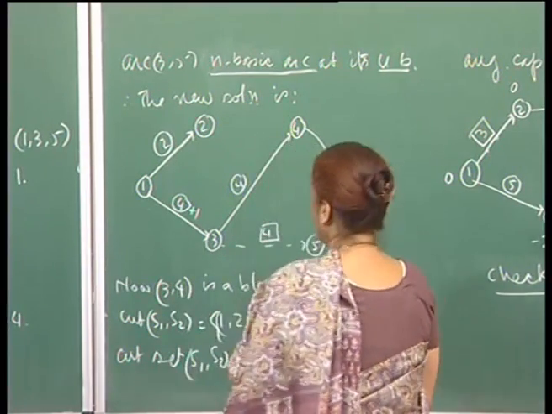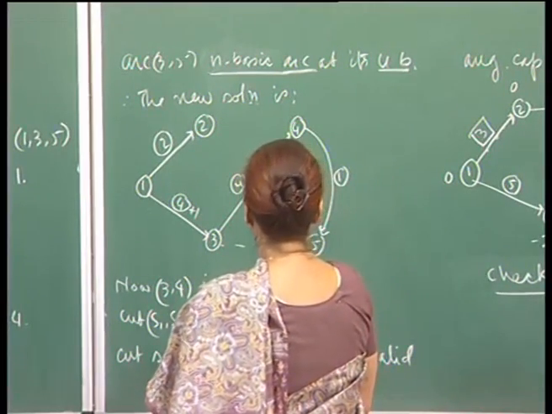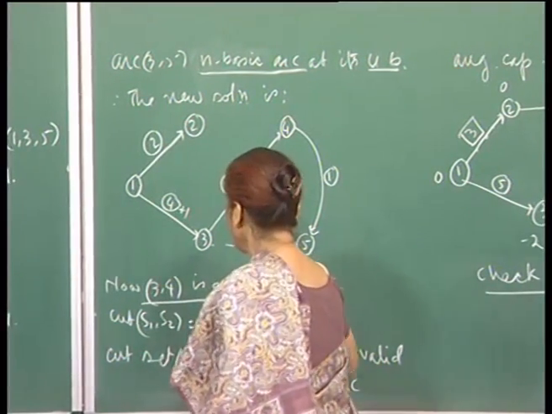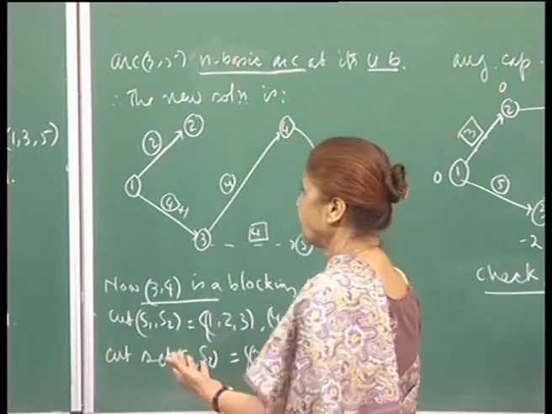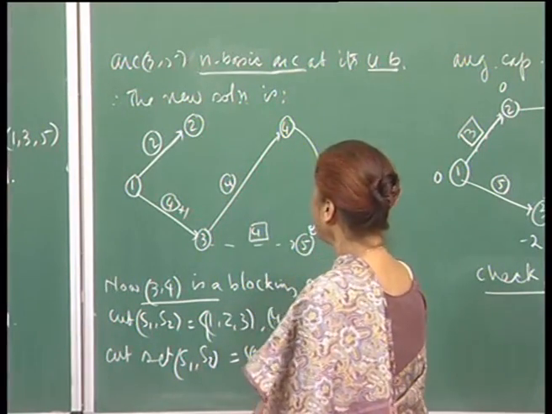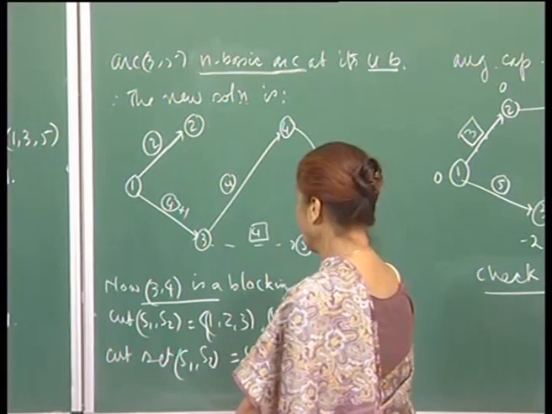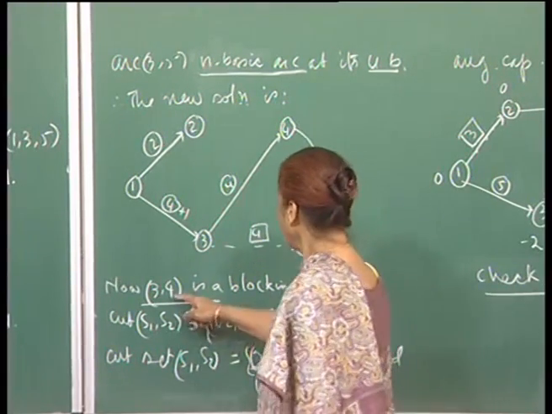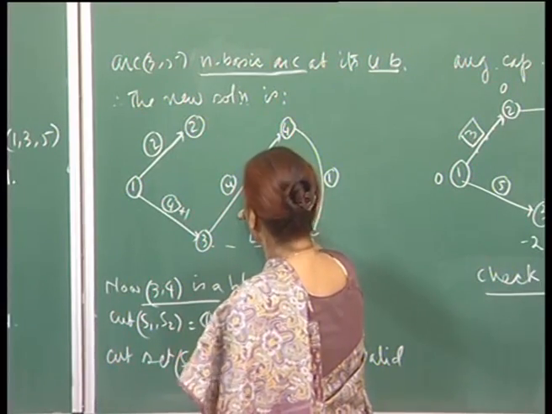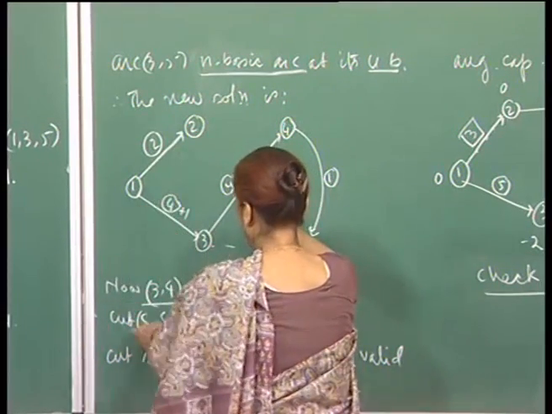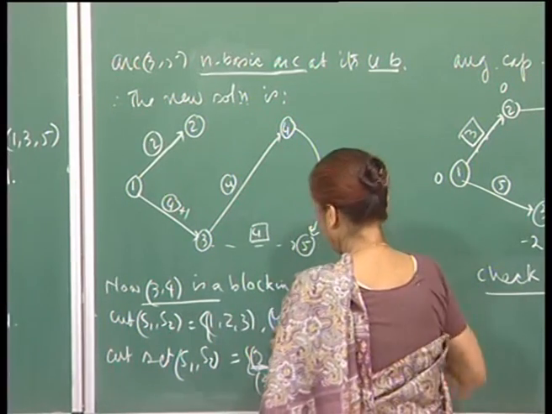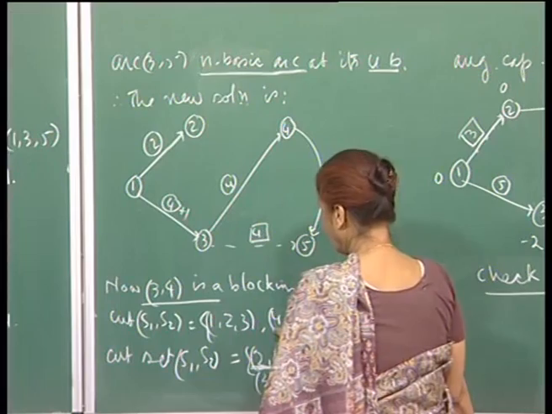Okay. And now immediately you see that the arc 3 4 is a blocking arc, because I still need to find out if I can send 1 more unit of flow from 1 to 5. So, so far I have augmented the flow by 2 units. Okay. Now, when I drop the arc 3 4 from the tree, then 1 2 3 will be your first set of the cut, and 4 5 is the second part of the cut, right.